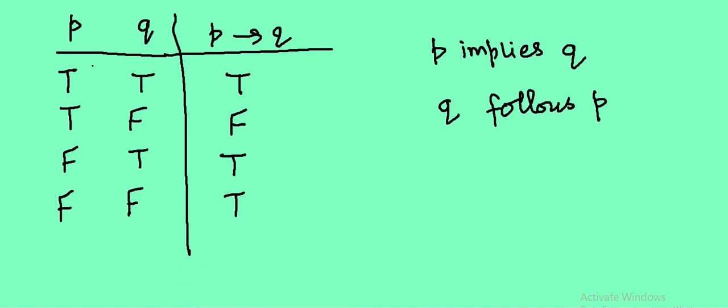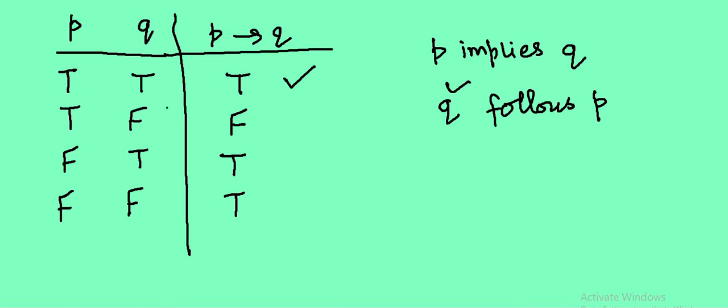So again, read this as if P then Q. If P is true and Q is true, then the whole statement is true. If P is true and Q is false, then the whole statement will be false, because Q follows P.